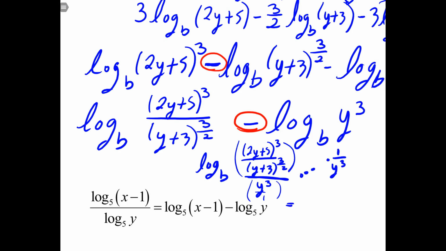And so our final answer would look like log base b of, when I multiply this by 1 over y cubed, (2y plus 5) quantity cubed over (y plus 3) to the 3/2 times y cubed.